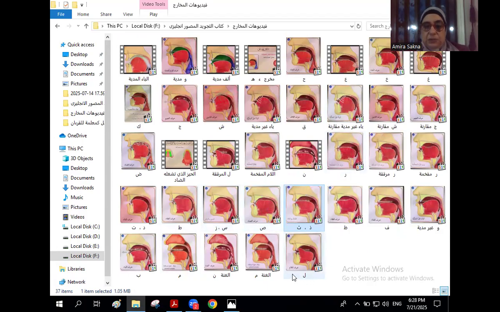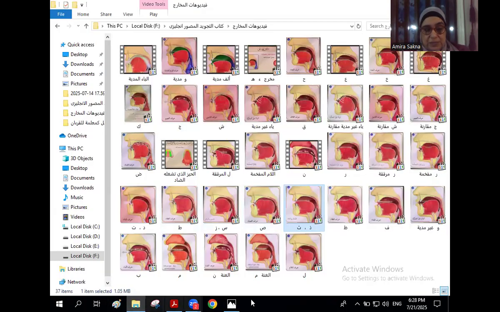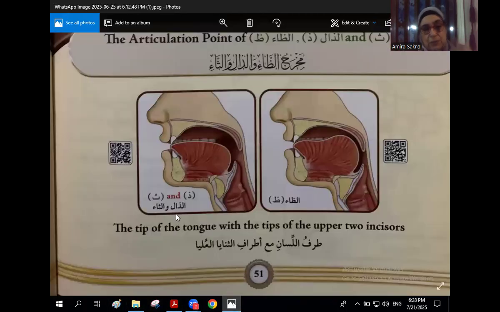I think this is for today. We did cover, alhamdulillah, the three families. I just want to be assured of something that you will remember. The articulation point, my dear sister, of the vaa is this: the tip of the tongue with the tap, or with the tips of the upper central incisors. Okay, this is the vaa.